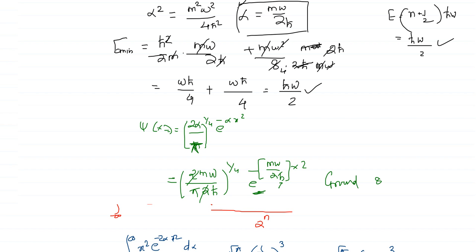If you take the trial wave function as your exact wave function, then obviously you will get this exact answer. But if your trial wave function is different, then you will get an approximate answer. So we have recovered the exact ground state energy and wave function for this trial wave function.